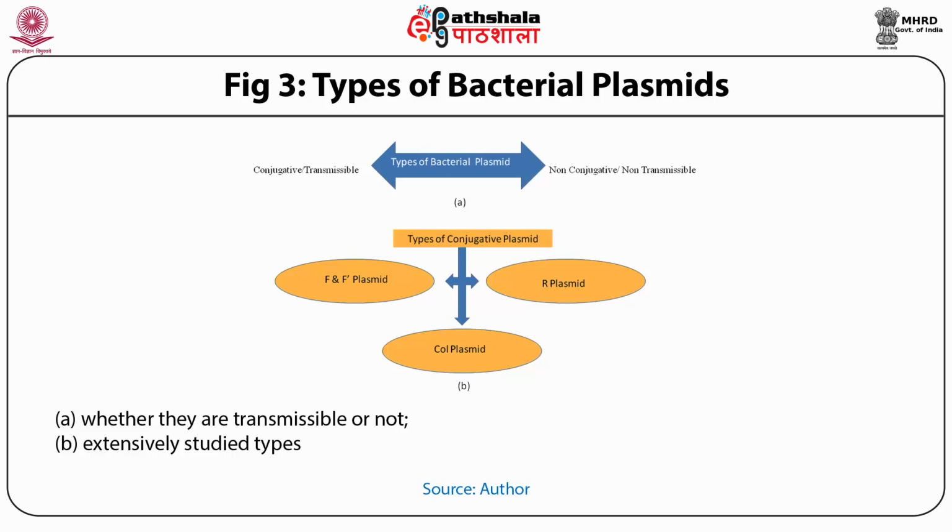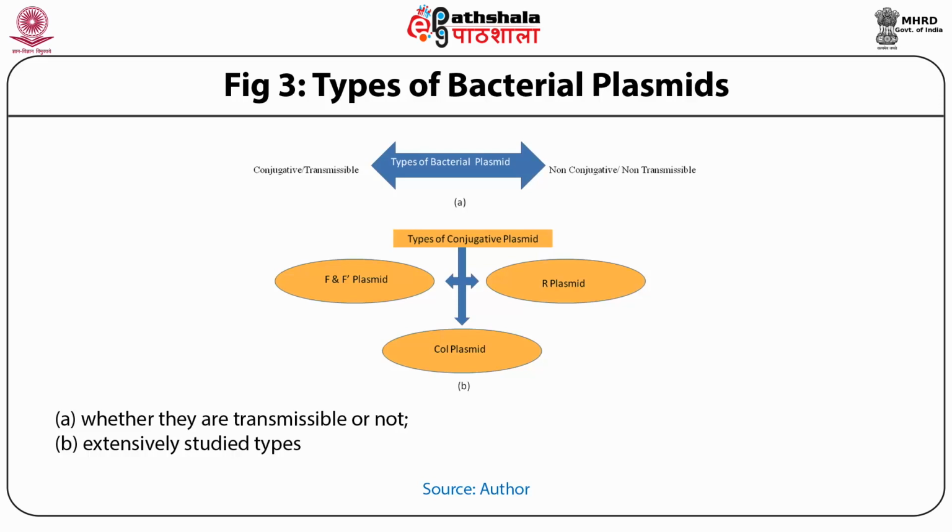Non-conjugative or non-transmissible plasmids do not mediate transfer of DNA by conjugation. However, Fraser et al. in 1997 reported the presence of more than 20 circular and linear plasmids in Borrelia, which code for genes involved in infecting ticks and humans.